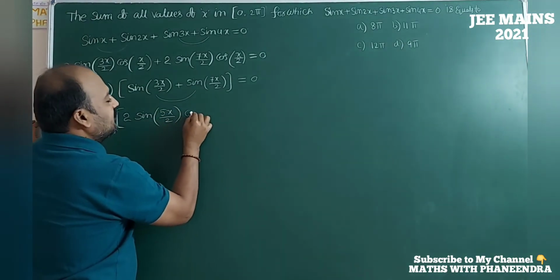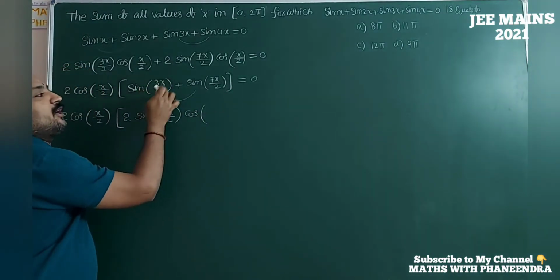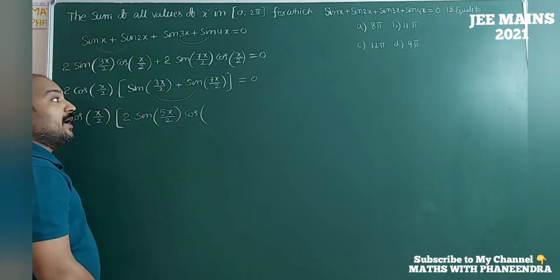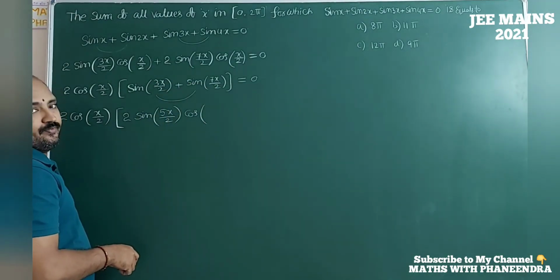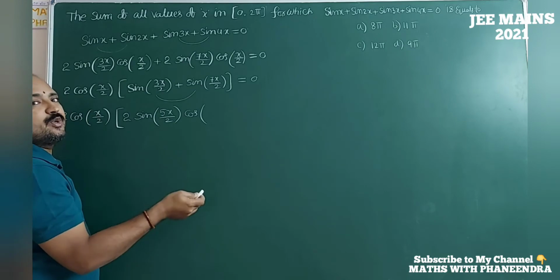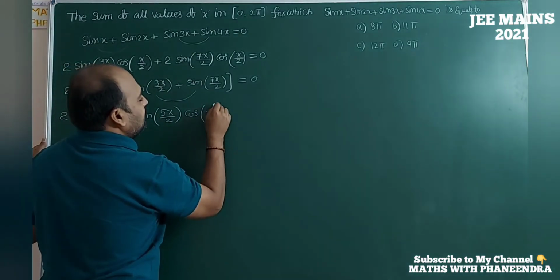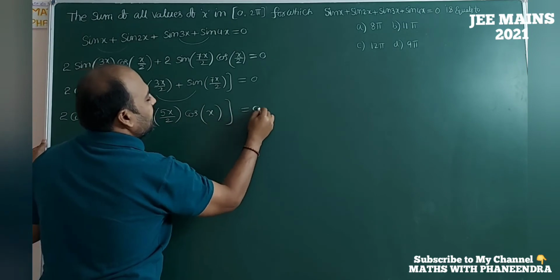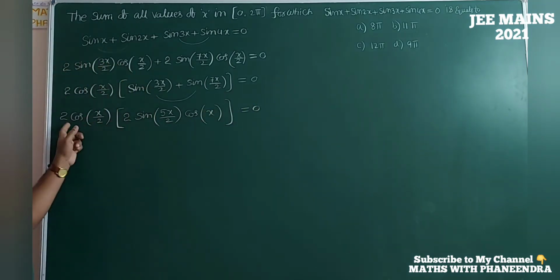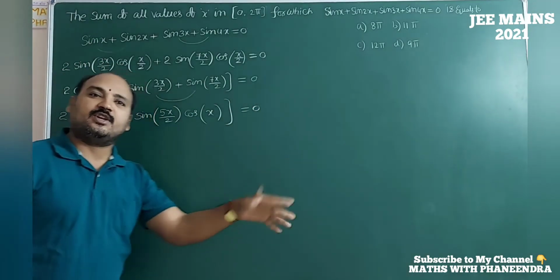Next cos of (3x by 2 minus 7x by 2), minus 4x by 2, is minus 2x by 2, so minus x. So cos of x ultimately. So 2 into 2, 4. We can take this side, 0 by 4 is 0.